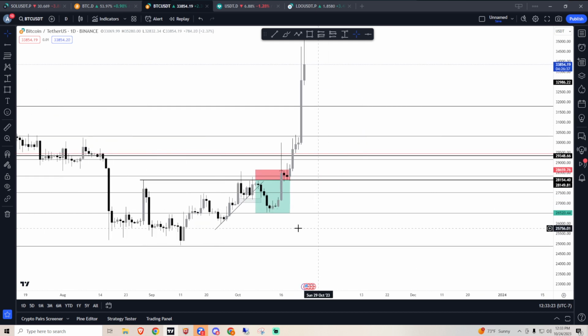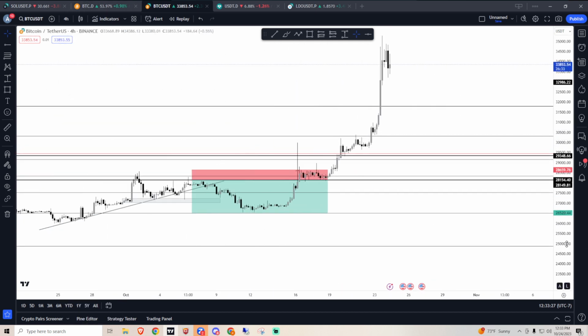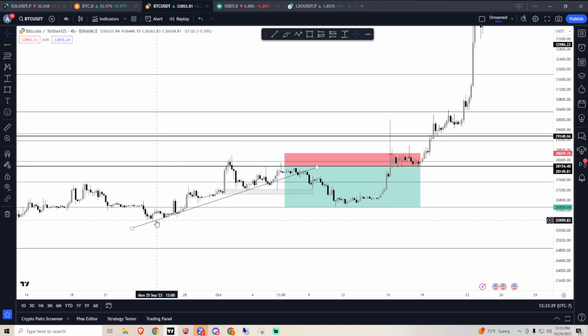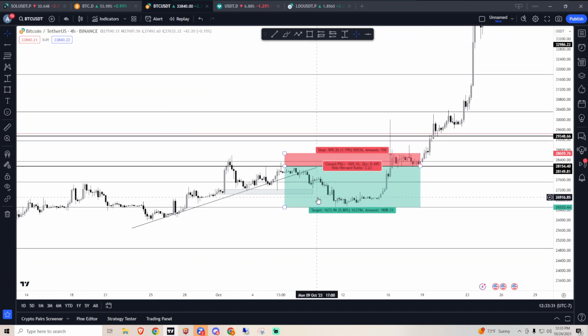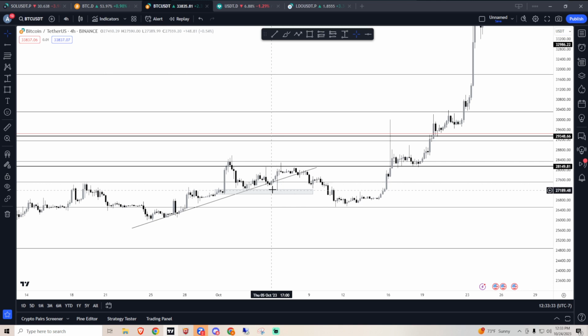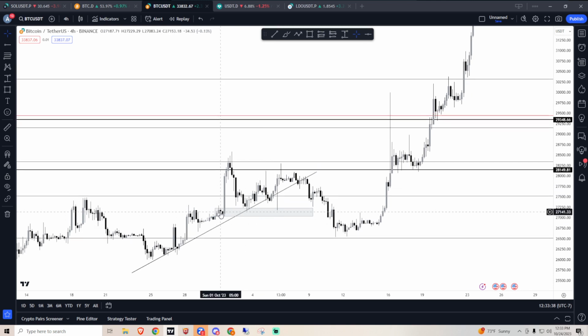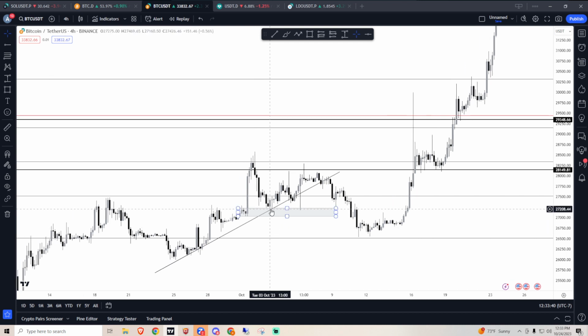Like for example, here was a trend line. This was a demand zone. This is what I gave a few days back, right?